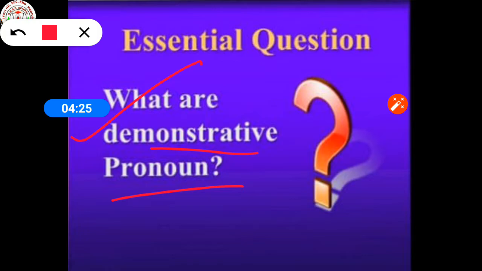So demonstrative pronouns or demonstratives are words such as this, that, used to indicate which entities are being referred to and to distinguish those entities from others.